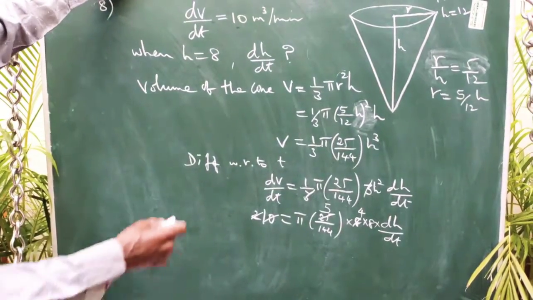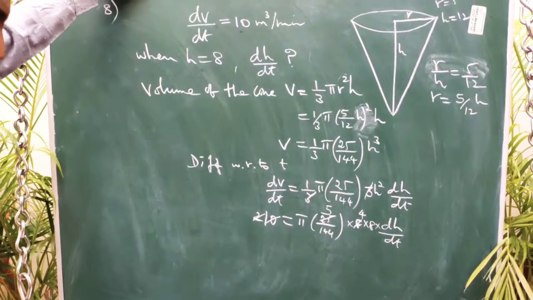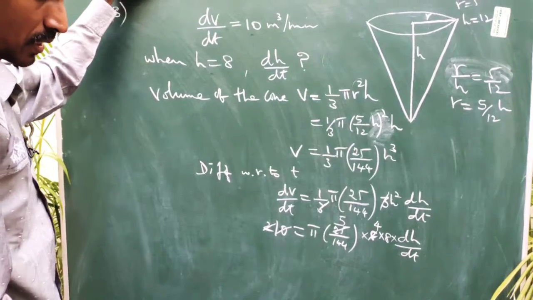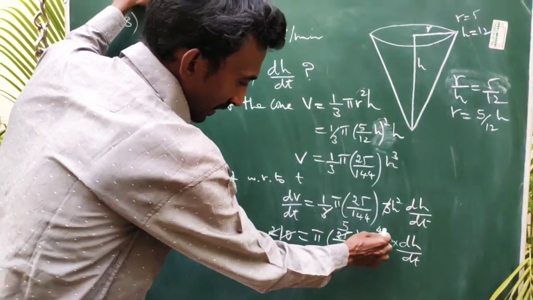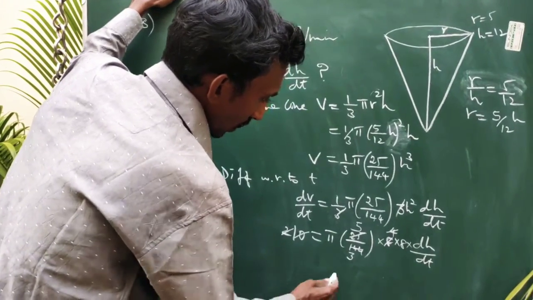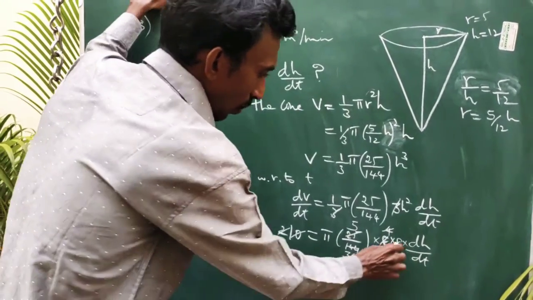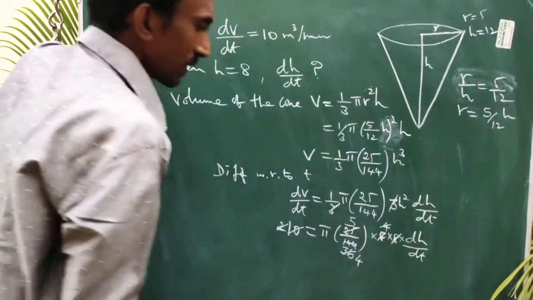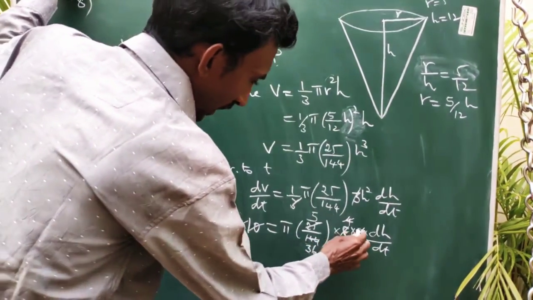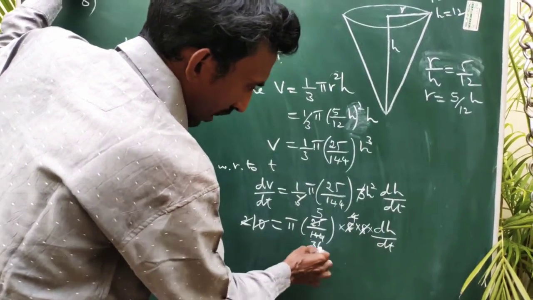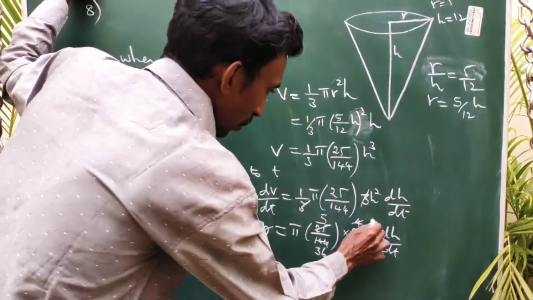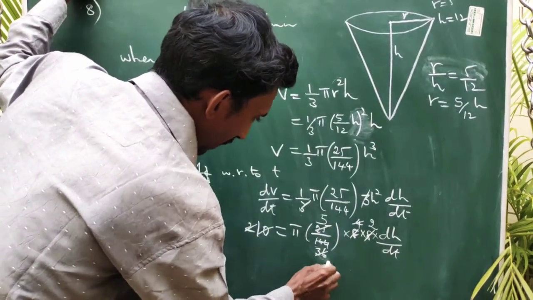If you want we can cancel by 4, so 2 4s, and here 9.